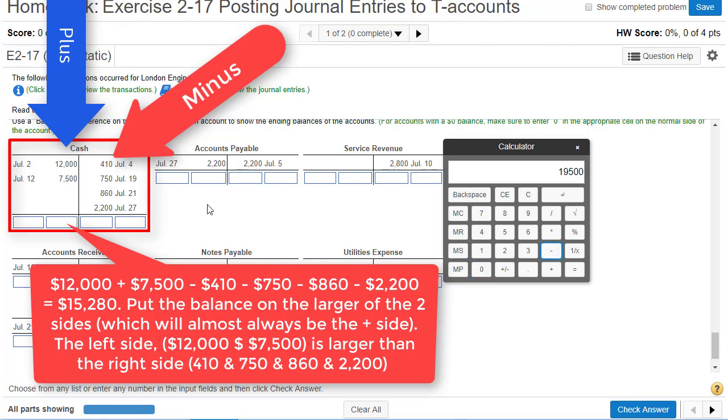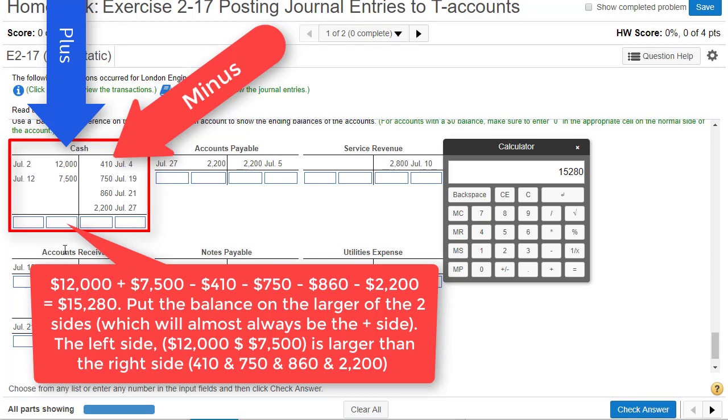And then I'm going to say minus 410, minus 750, minus 860, minus 2,200 equals $15,280.